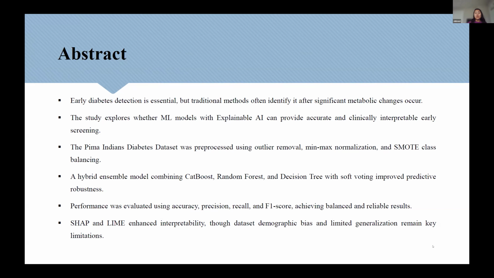We can't go with accuracy because we want to emphasize more on precision and recall, and we want to get higher numbers on both those metrics. So we'll select the models based on F1 score. And as I said, explainability is crucial, so I will be using SHAP and LIME methods to make it more interpretable rather than having just one black magic box.